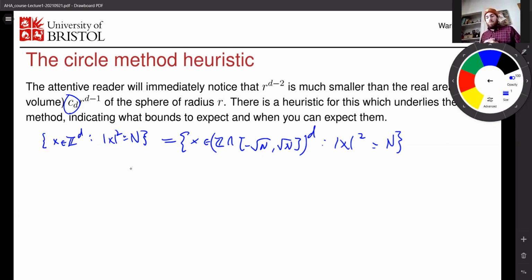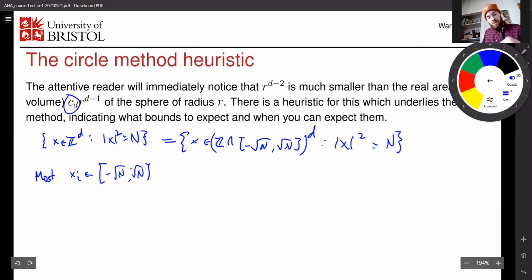When you expect that to be roughly equidistributed, most of the x_i in this interval minus root n to root n are of size root n, meaning up to some constant.